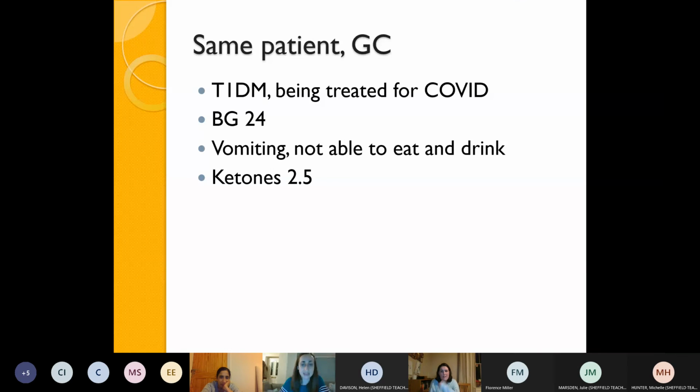So is there a guideline on the intranet, for hyperglycemia induced from steroids? I'm sure I've seen it. Yeah, but I think that's not for people that are already diabetic.